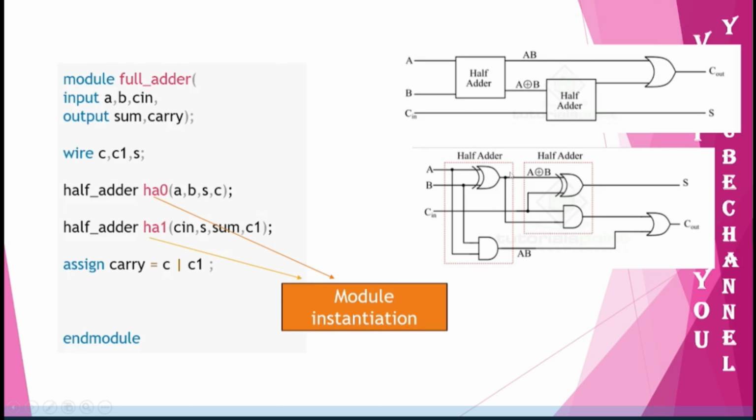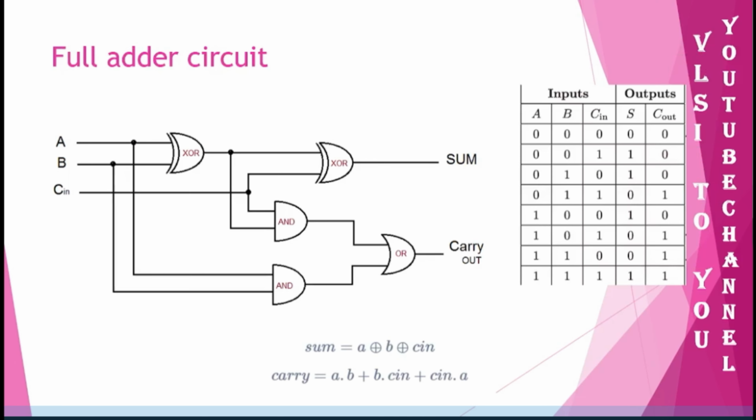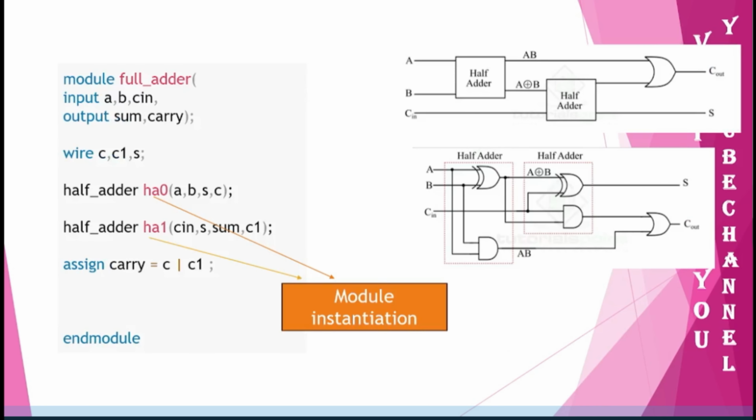If you are just talking about a full adder, there won't be any internal connections that you need to represent. But when you are connecting two half adders, one half adder's output is given as input to the second half adder, and then depending upon that input, you will get the output. So that is why the internal connections are important when you are taking two components as the main components here. So I am mentioning the internal connections also.